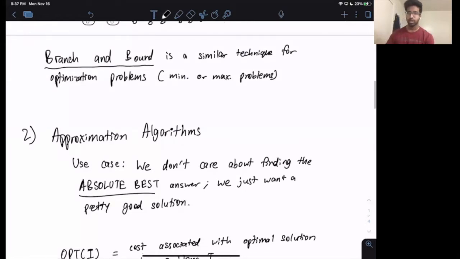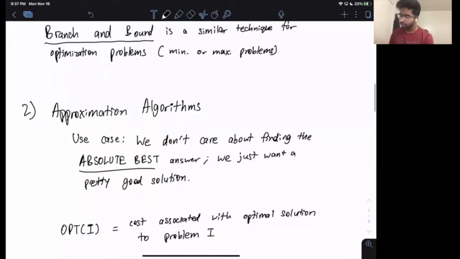To be more specific, how we analyze these types of algorithms is we define several variables, right? The first one is called OPT of I, which represents the cost associated with the optimal solution. And I represents the instance of a problem, right? If any of these definitions, like I or NP completeness, are iffy, please check out the previous mini lectures from last week or 2 weeks ago.